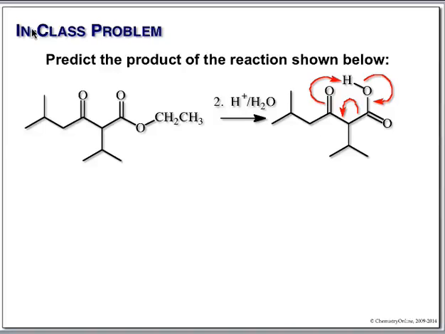We will have a carbonyl in the middle, won't we? On one side, we will have a CH2 isopropyl. On the other side, we will now have a CH2 at this point and an isopropyl. And it looks like that.